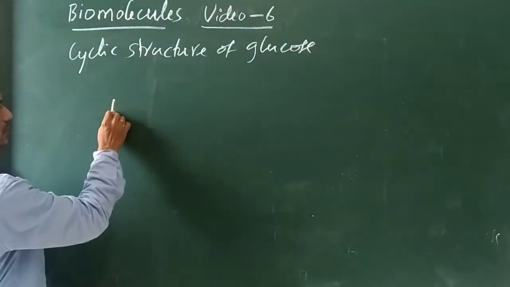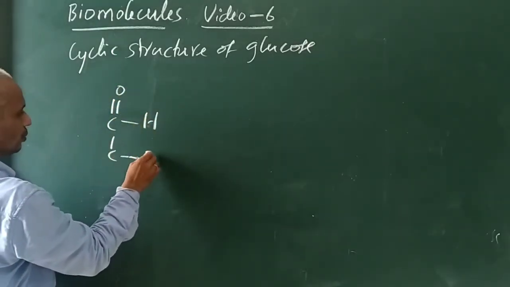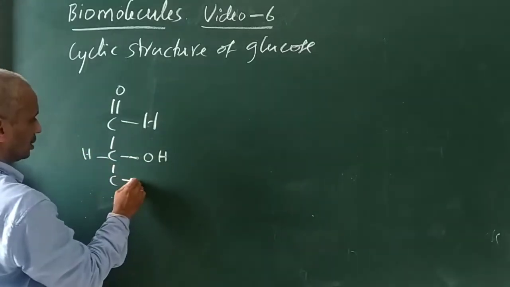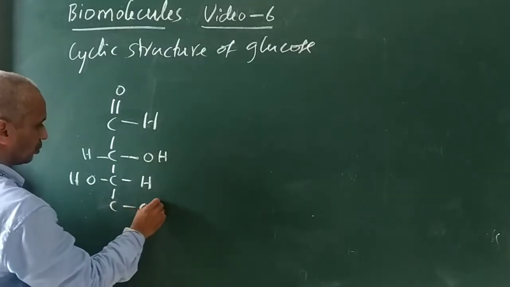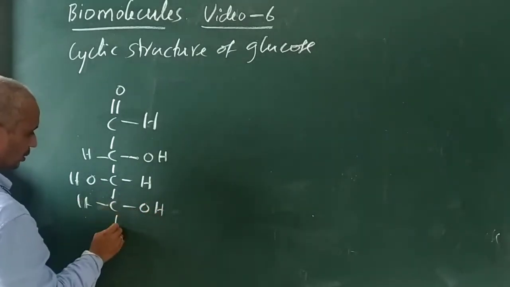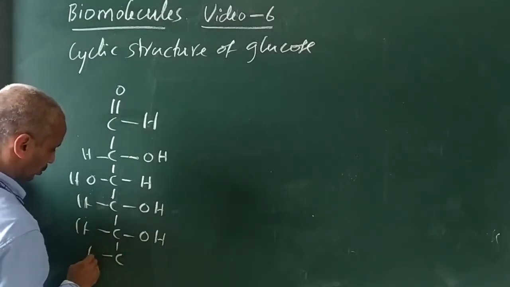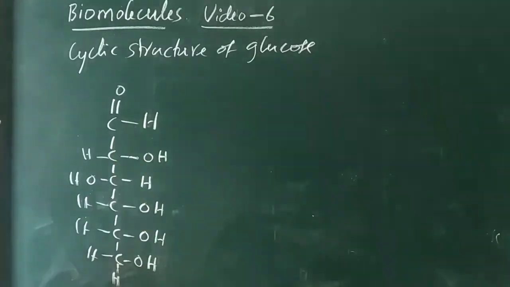C double bond O, H, C, OH, H, C, H, OH, C, OH, H, C, OH, H, C, H2OH. This is the glucose structure.